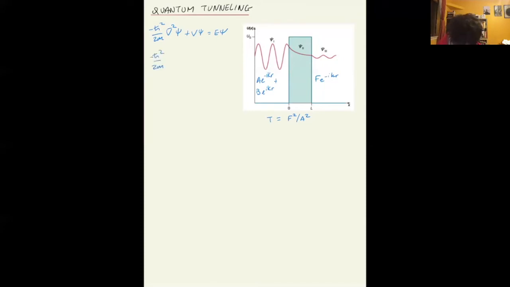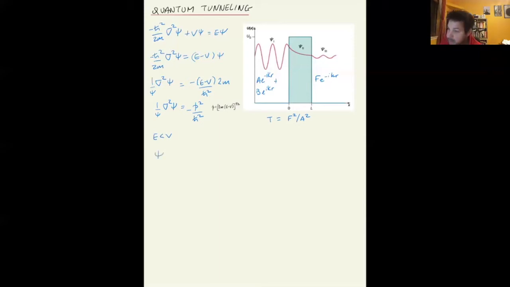So let's isolate the Laplacian, divide both sides by psi, and the energy minus the potential is the kinetic energy. So this becomes simply p squared over h bar squared. Now, if the energy is less than the potential, which is what happens in region 2, then the momentum is imaginary.